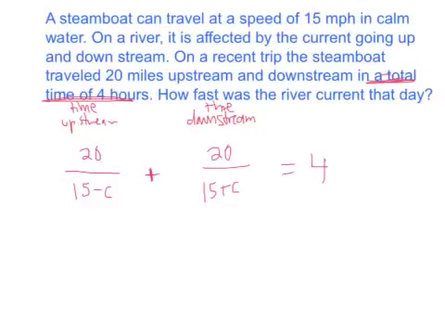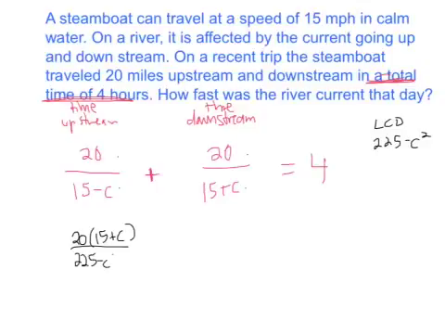To be solved by finding a common denominator, let's say, of 225 minus c squared, which can easily be acquired by multiplying the two denominators by each other. So this first fraction becomes this, and the second fraction, when we multiply by the other denominator, becomes 20 times 15 minus c.